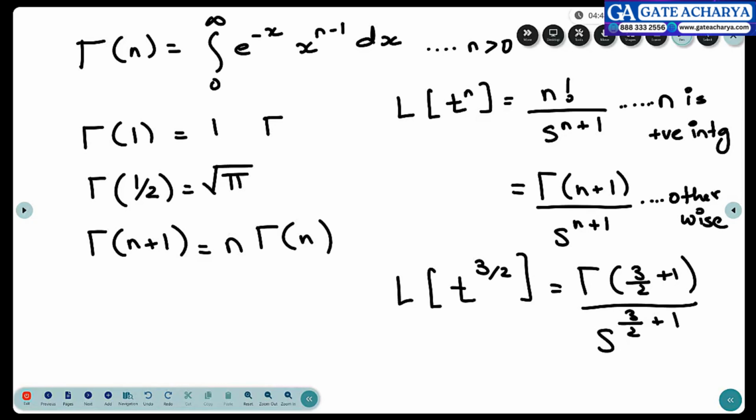And I also know one more thing. If I ask you gamma function of 2, what is it? 2 factorial. Gamma function of 3, like that it will go on.